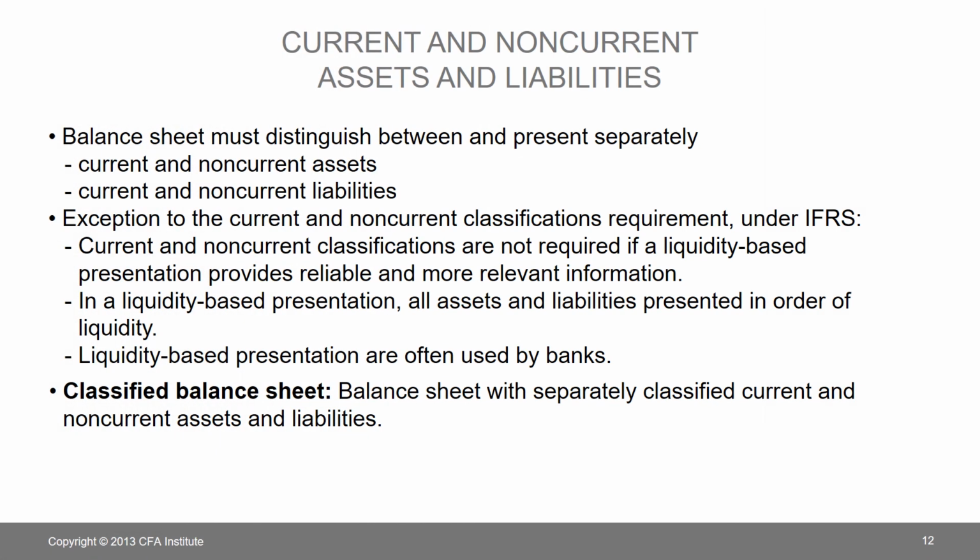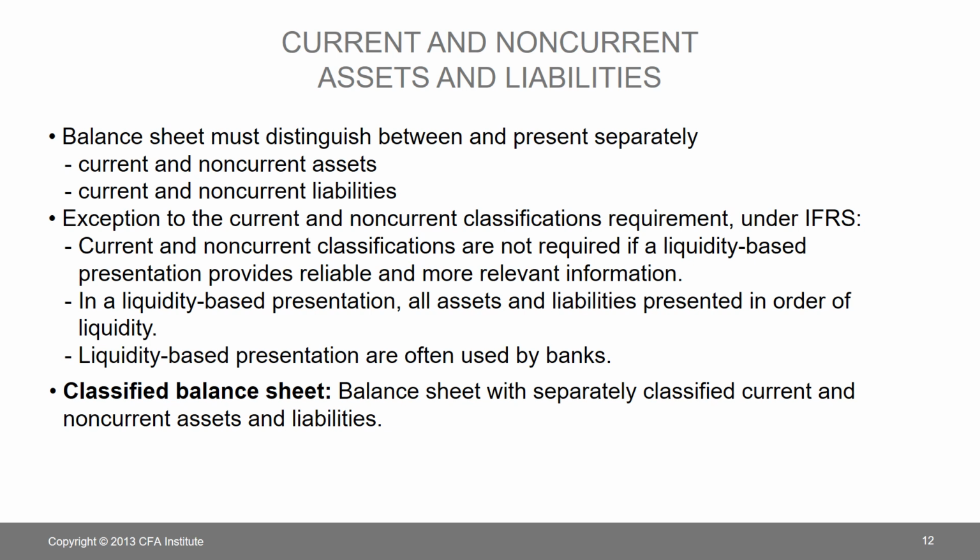A key point here to notice is that under both IFRS and US GAAP, the companies are required to distinguish between current and non-current assets and between current and non-current liabilities, and present these as separate classifications on their balance sheets.